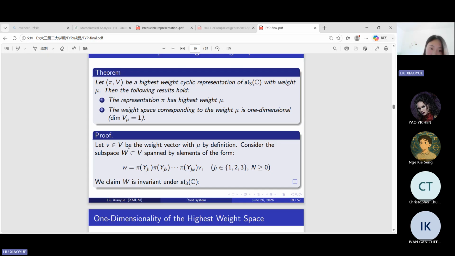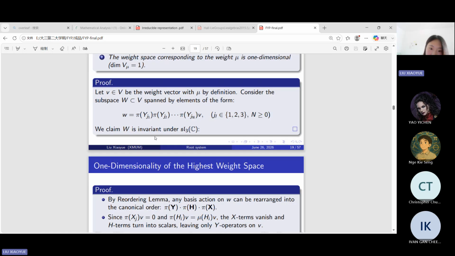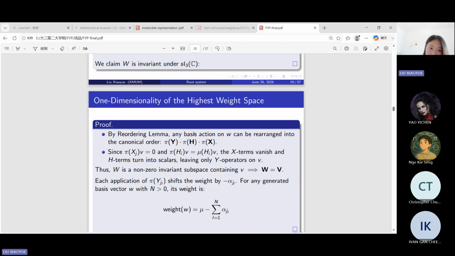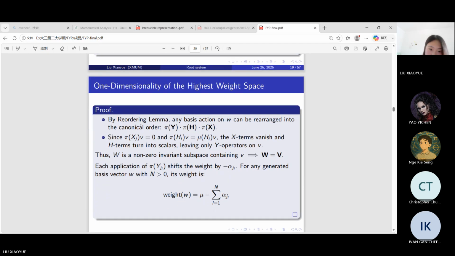Let v be the weight vector with weight mu by the definition of highest weight cyclic representation. Consider a subspace W spanned by elements of the lowering operators' action on v. We claim that W is an invariant subspace under SL3. We can prove the invariance as follows.